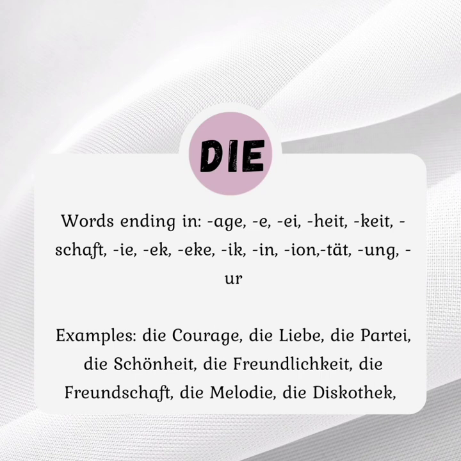Endings such as age, e, ei, heit, keit, schaft, ie, ek, eke, ik, in, ion, tät, ung, and of course ur. It's a long list, I know, but anywhere you find these endings, you can be sure that the word is a feminine word.